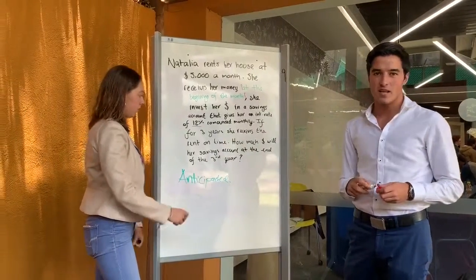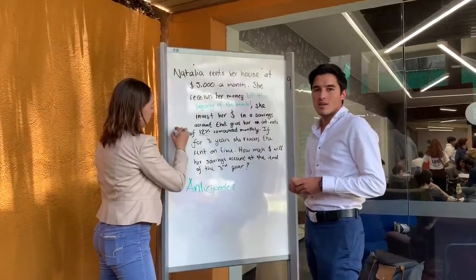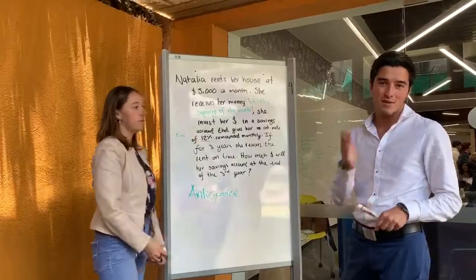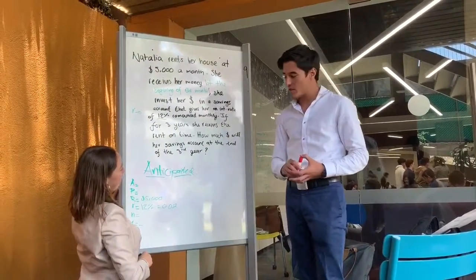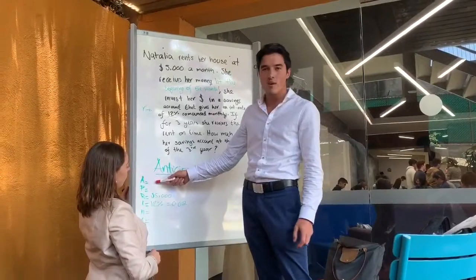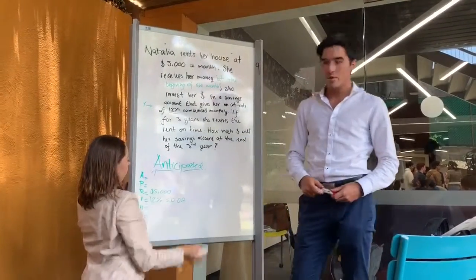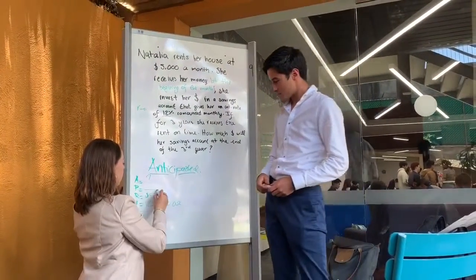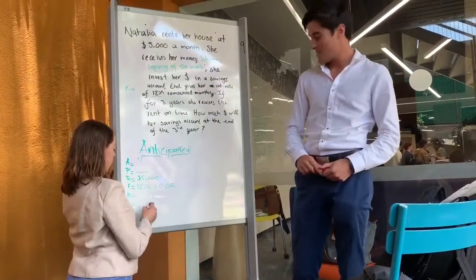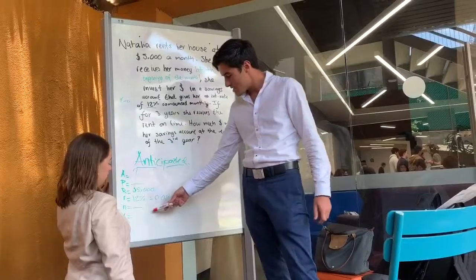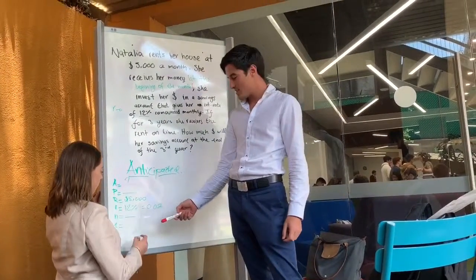That's the interest rate. The problem is asking for the final amount in 3 years, so we don't know A. We need to find A. P is not required, N is not required, and the interest is 0.12.